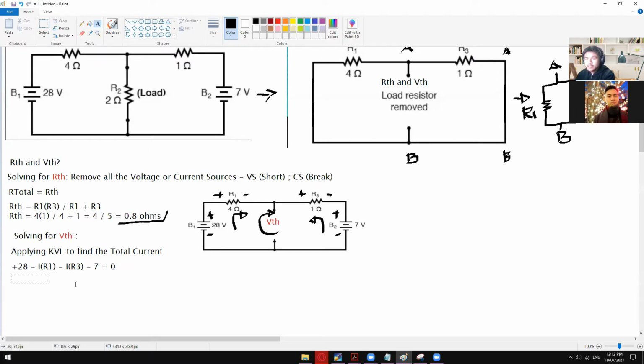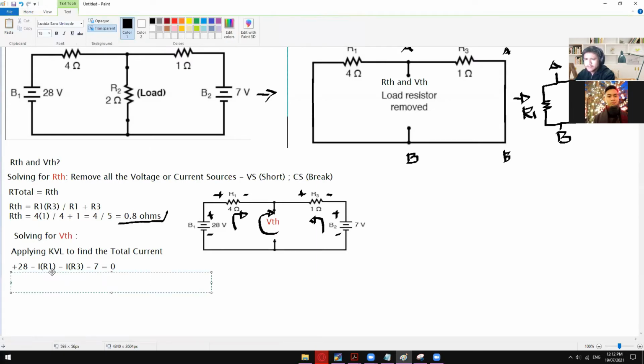All right, so in here, just substitute the given values for the R1 and R3. So 28 minus I times R1 is 4 minus I again, and then R3 is 1 minus 7 is equal to 0. And then from here, you can add similar terms.